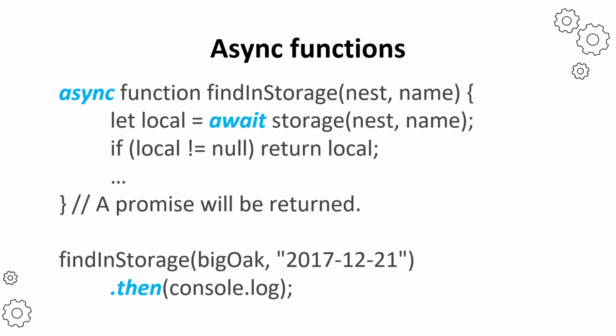In this example, we mark the function file in storage as an asynchronous function, and inside of it we have a storage function which is going to get the data, and we mark it with the await keyword.